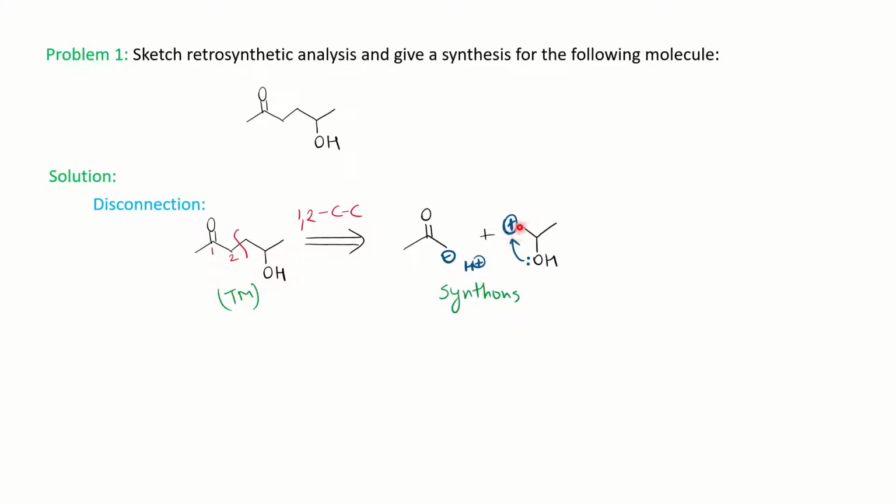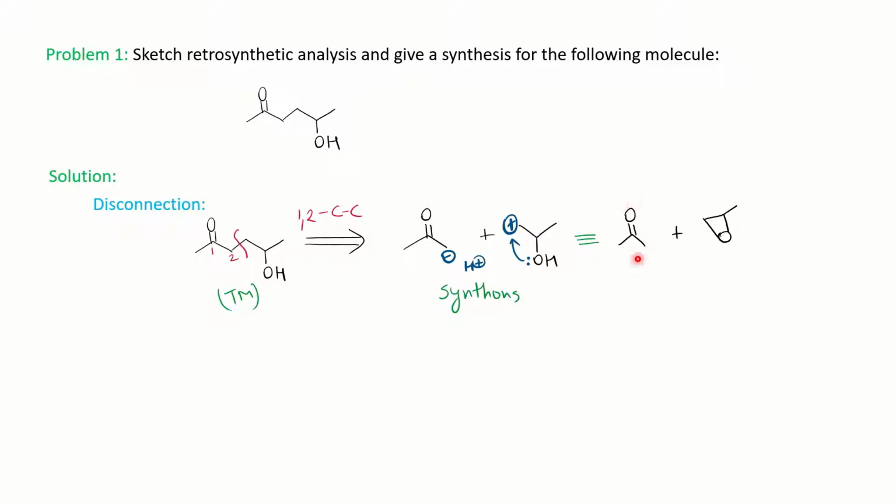And here a positive species is usually stabilized by a negative species. So here, since OH is on the same carbon, you can see the lone pair of oxygen will form a bond here and will give you the best synthetic equivalent.